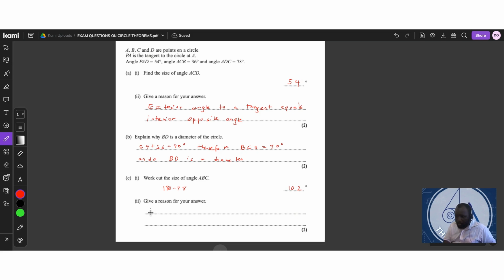And the reason for this is opposite angles in a cyclic quadrilateral add up to 180 degrees. And so that particular sector would be done.